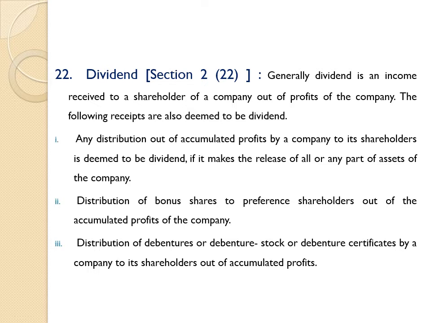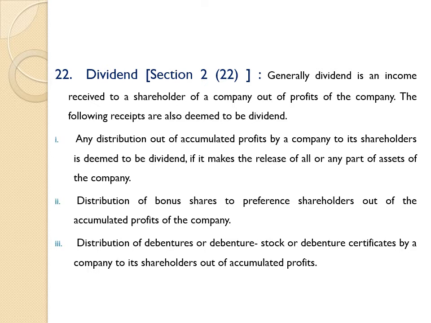Distribution of debentures or debenture stock or debenture certificates by a company to its shareholders out of accumulated profits. In short, distribution from accumulated profit to shareholders is termed as dividend.